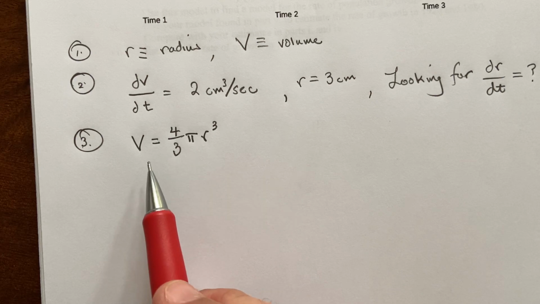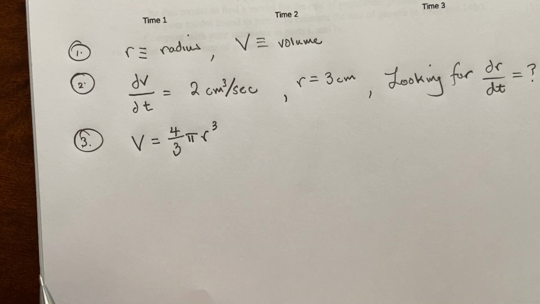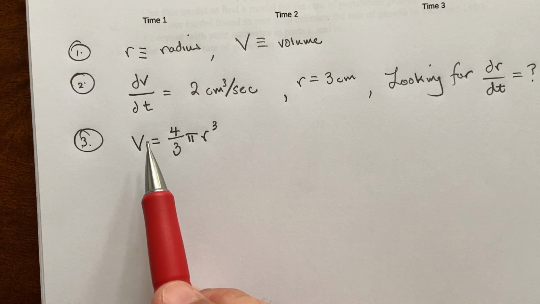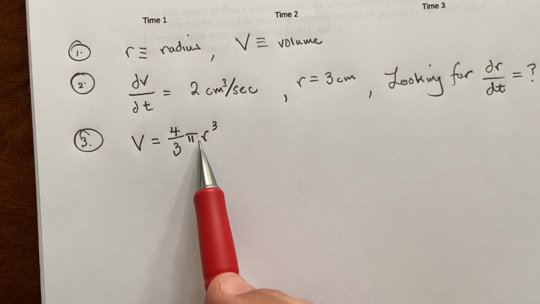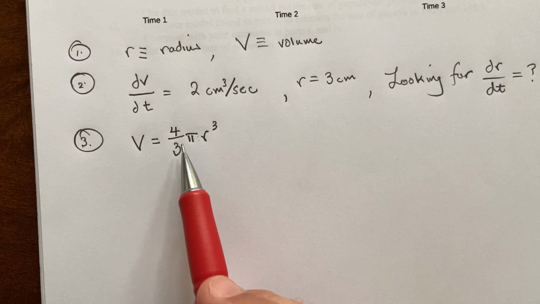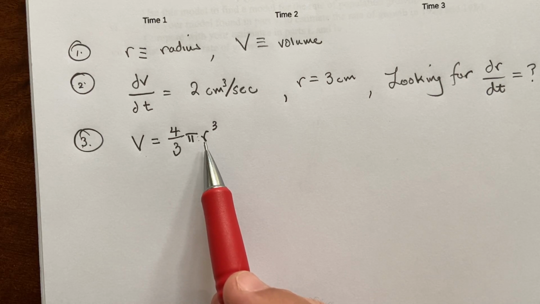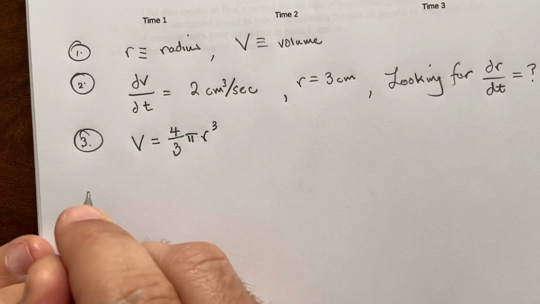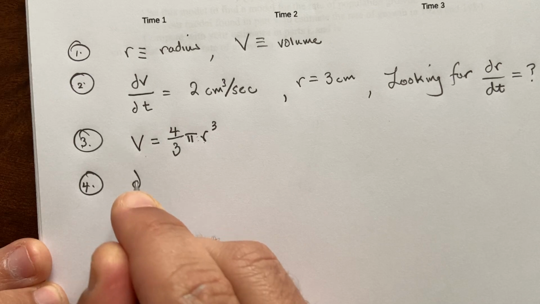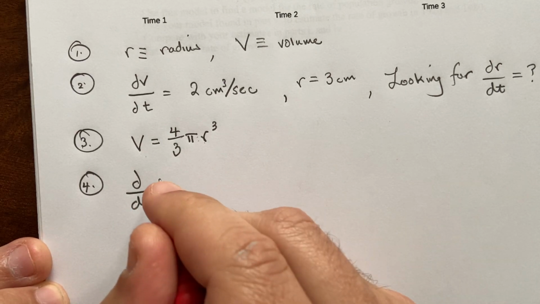We are differentiating v and r both with respect to t because v is actually a function of t. It's changing with time. R is also a function of t because it is also changing with time. So both v and r are implicit functions of t. So we are going to, in step 4, differentiate with respect to t.